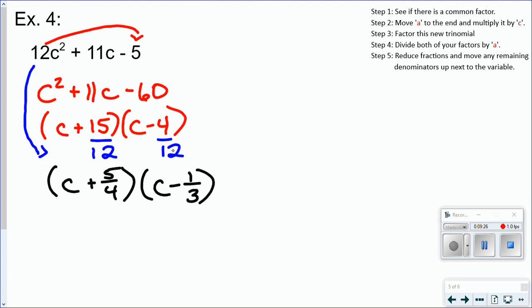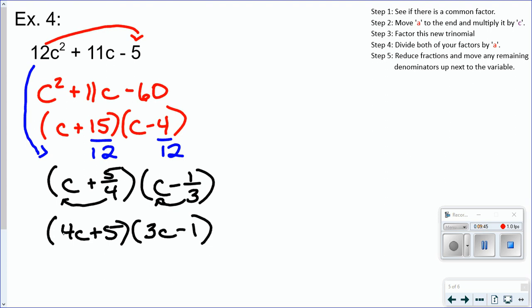Dividing both those by 4. Again, don't leave a fraction here. So bring the denominator up next to the variable. So it's going to give me 4c plus 5 times 3c minus 1. And that's your final answer.